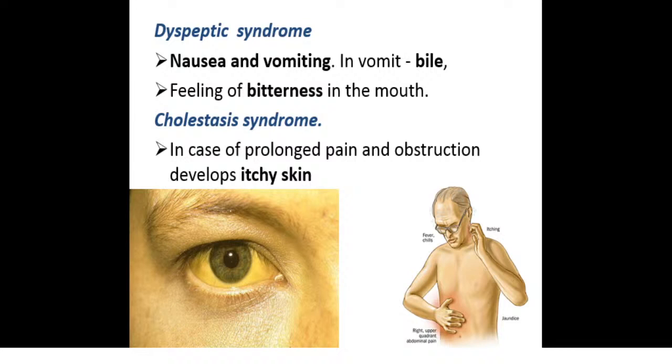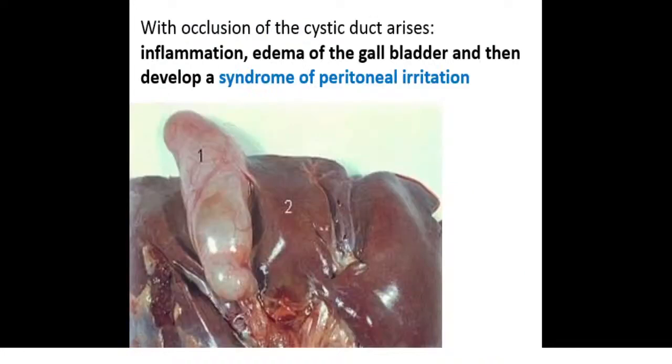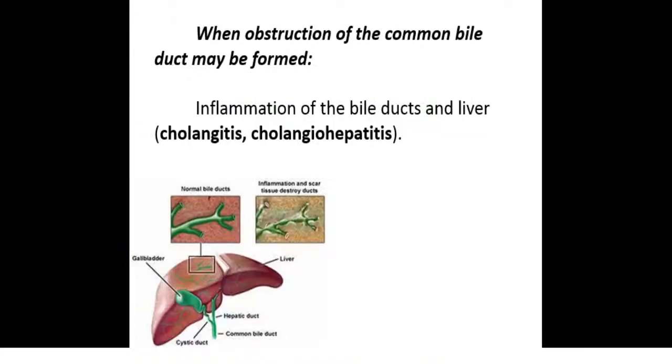With occlusion of the cystic duct, inflammation and edema arise in the gallbladder, and then a syndrome of peritoneal irritation develops. When there is obstruction of the common bile duct, inflammation may form in the bile duct and liver, and this patient may have cholangitis and cholangiohepatitis.